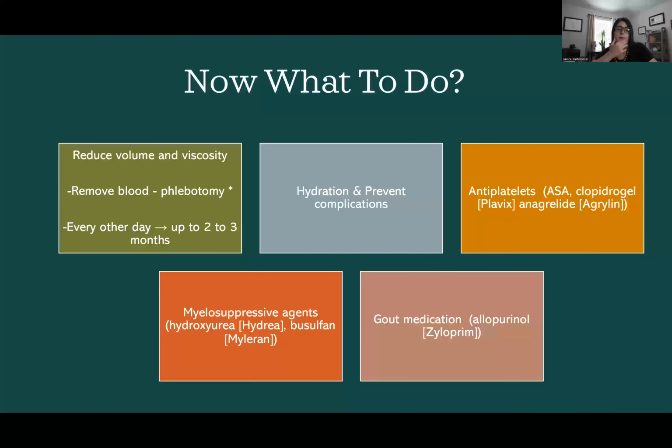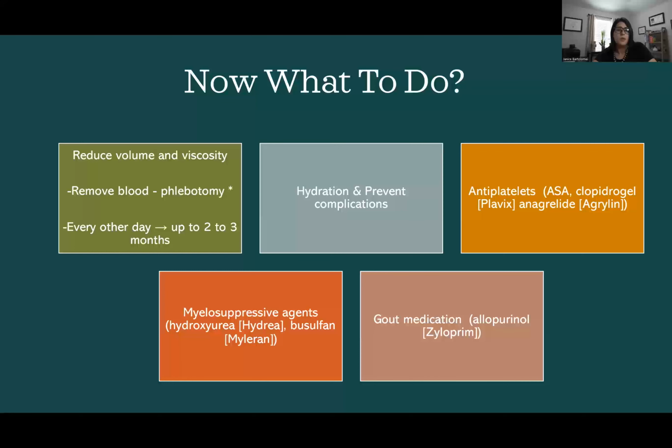And for that, we do antiplatelets such as aspirin or clopidogrel, which is commonly known as Plavix, and they prevent the platelets from sticking to each other. For the elevated uric acid, we do gout medication called allopurinol.